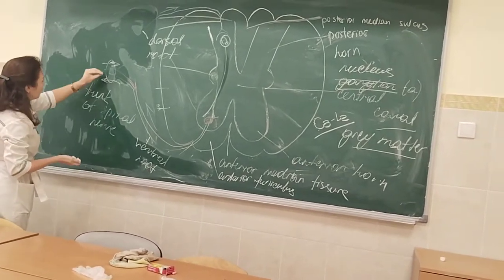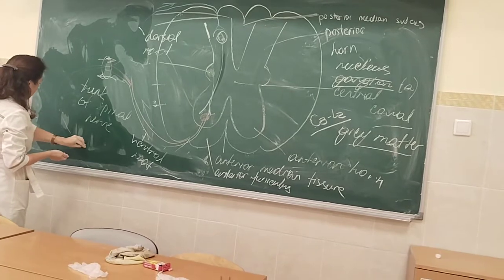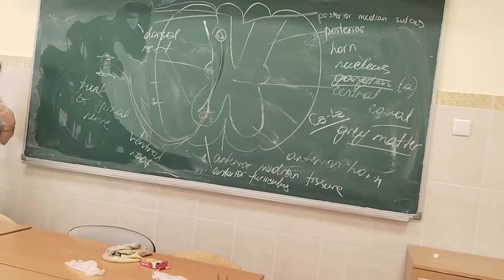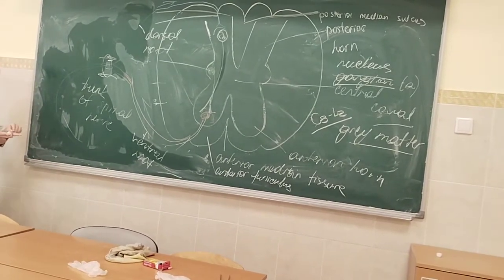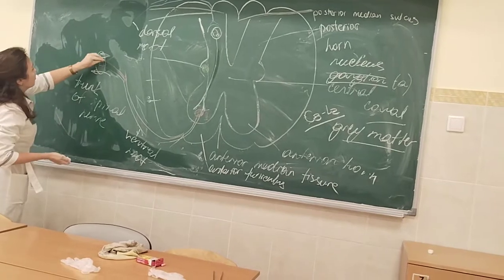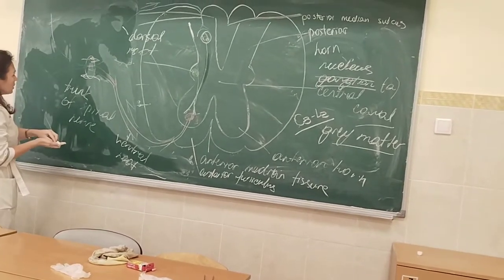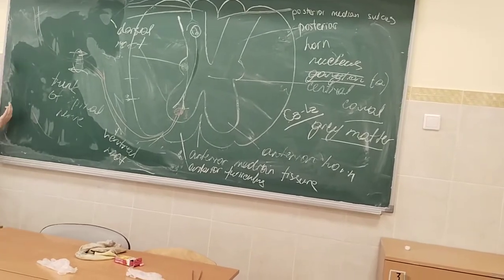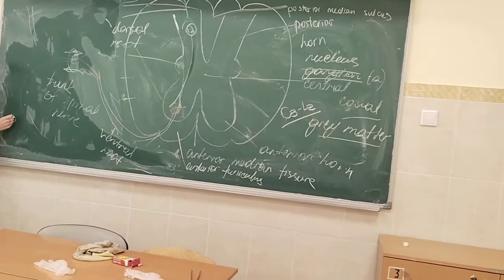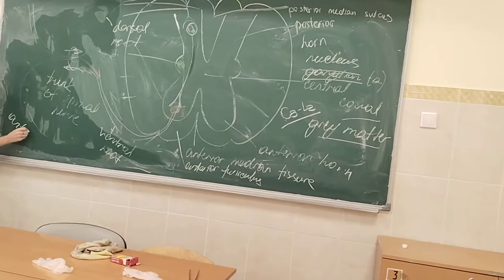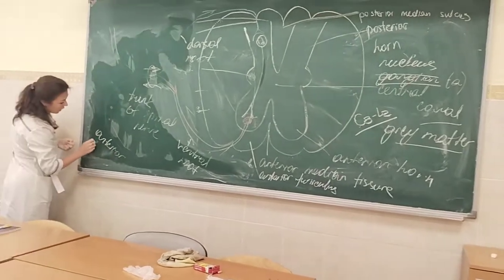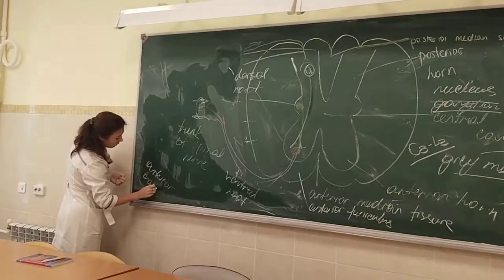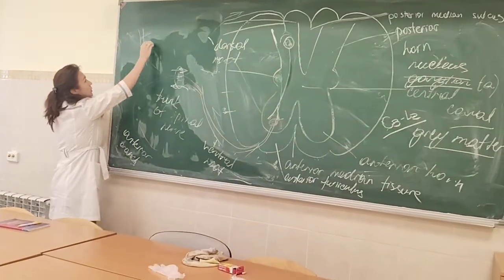Terminal branches of spinal nerves: the anterior branch supplies the anterior part of the body and limbs. Then there is the posterior branch that supplies the posterior part of the body. Because the anterior branch supplies not only the anterior part of the body but also limbs, anterior branches are always better developed than posterior branches.